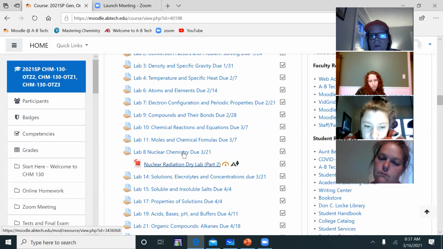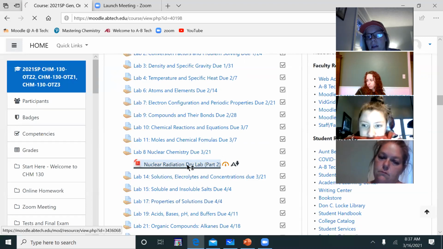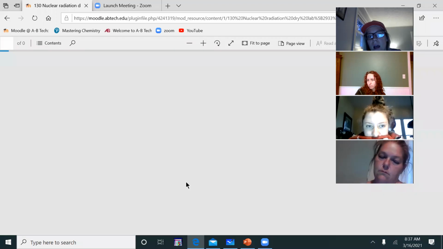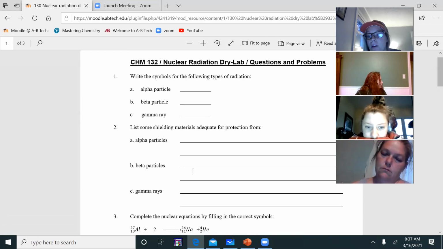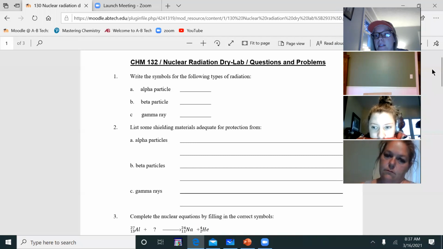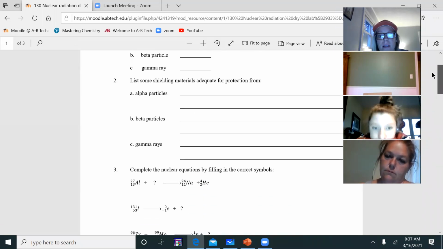Well, part of the nuclear chemistry lab is in your lab manual, but part of it is sitting right here. So you're going to need to click on this. This is the second part, and it will give you a lab to fill out. You can write on it on your computer and then resubmit it to me, or if you want to, you can print it out. This is going to give you a bunch of practice on all of this stuff.